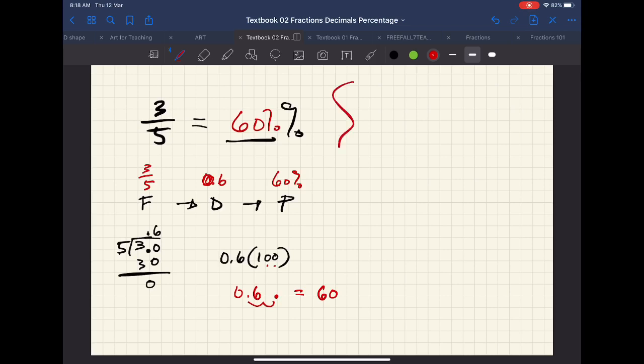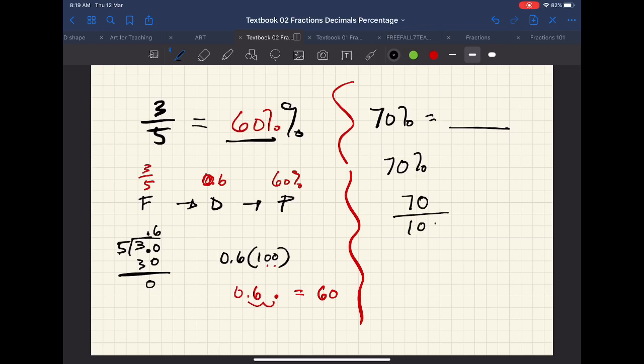So what if I want to make a percentage into a fraction? What do? We know that percentages, if you want to make it back into a decimal, you divide it by 100, right? But look at this. 70 divided by 100 is already a fraction.